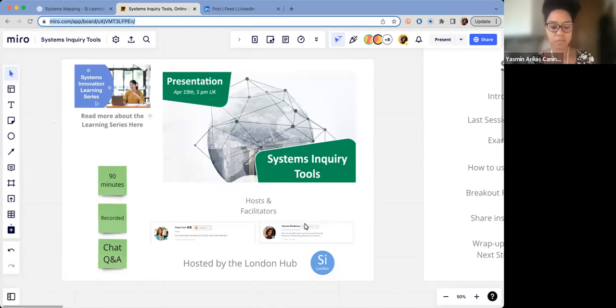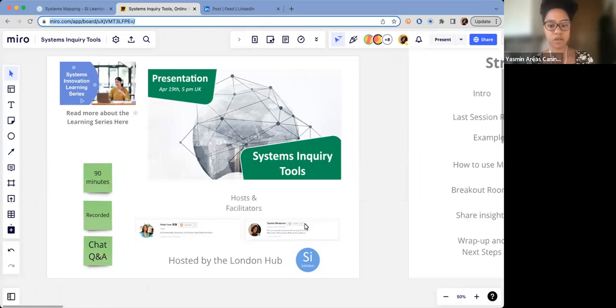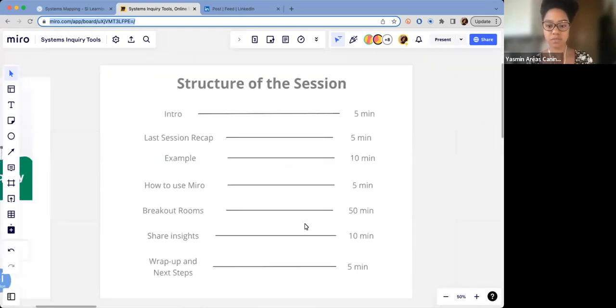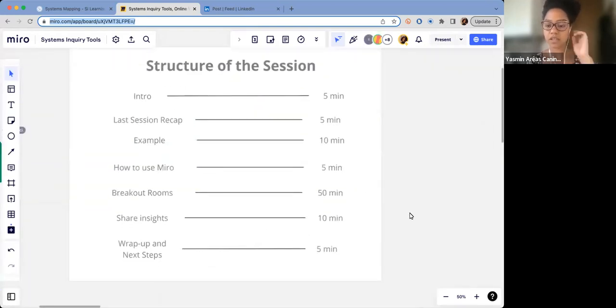This is just a brief introduction to what we're going to cover today, and this is the structure of the session. All right, so a brief 5-minute intro, then a 5-minute recap of last session. Then I'm going to share with you an example that we came across this week, which we thought was very good to share with you in today's session.